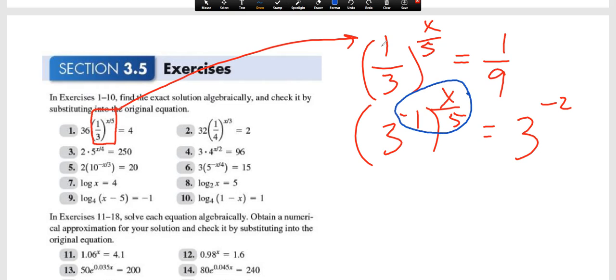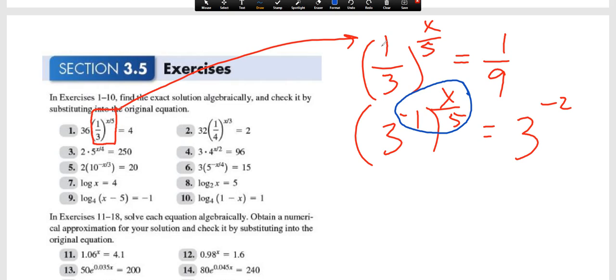What can you do with these two exponents? Power of a power rule. What'd you learn about in Algebra 1? Reinforced in Algebra 2. And in pre-calc. Adding exponents is when you're multiplying like bases. We're not multiplying like bases. We're taking the power of a power.